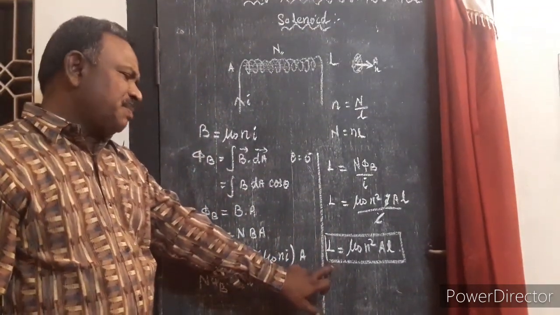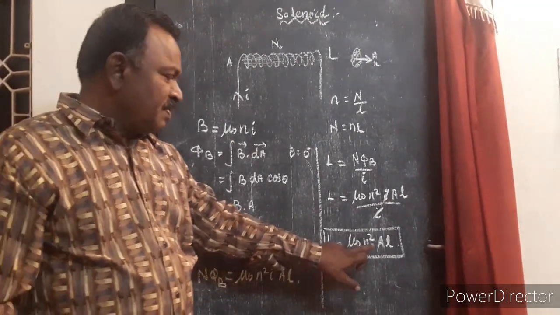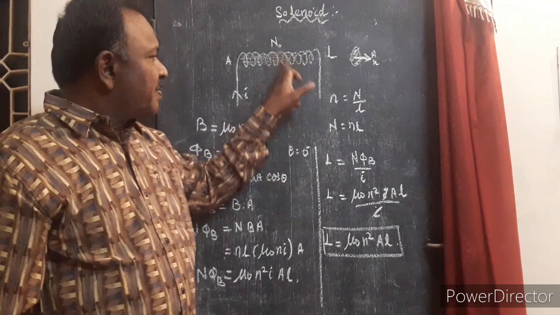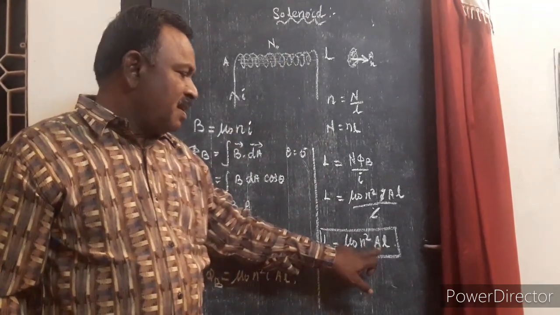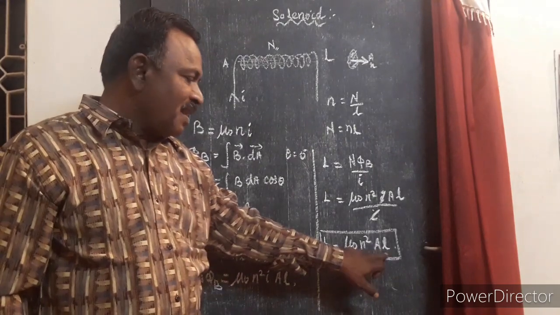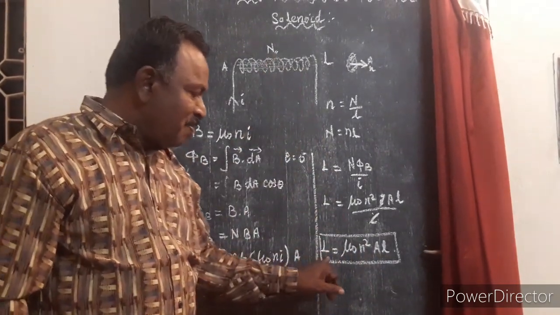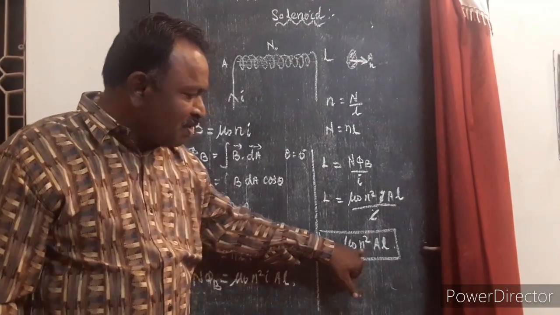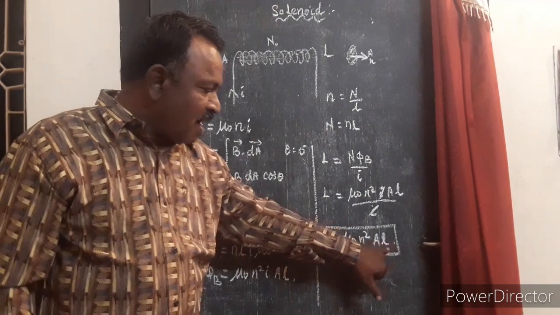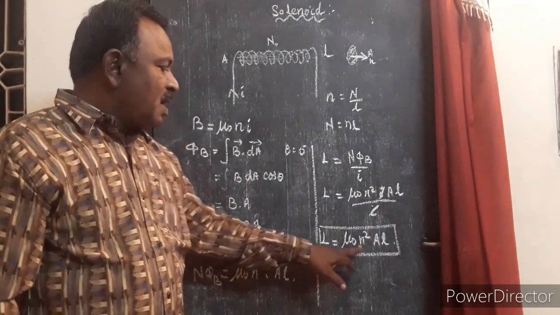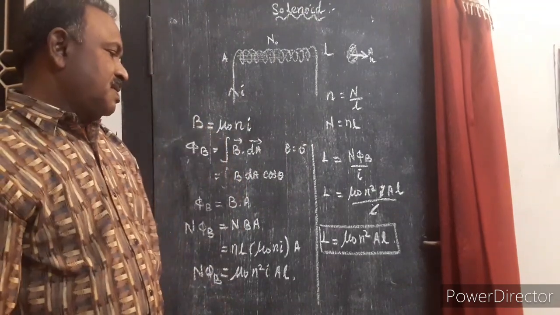When you see this expression, mu naught is the permeability of free space or vacuum, n is the number of turns per unit length, A is the area of cross section, and L is the length. So the self-inductance of a long solenoid depends upon the number of turns per unit length, the area of cross section, the length of the solenoid, and the permeability of the medium in which it is placed.